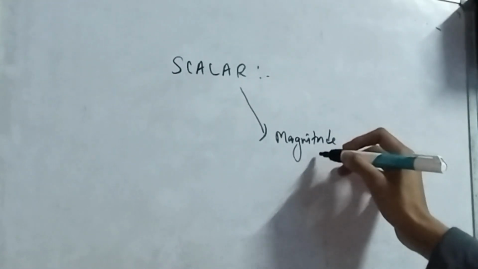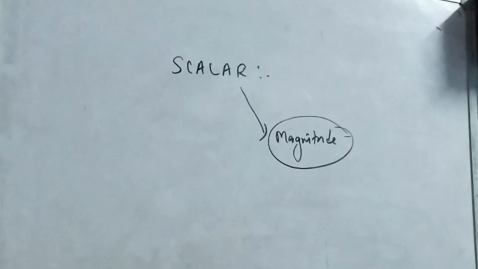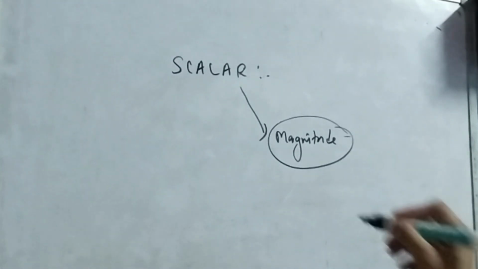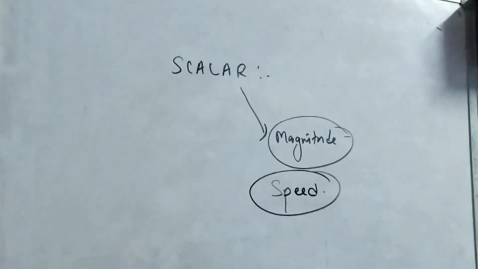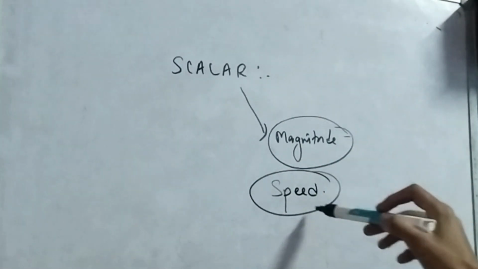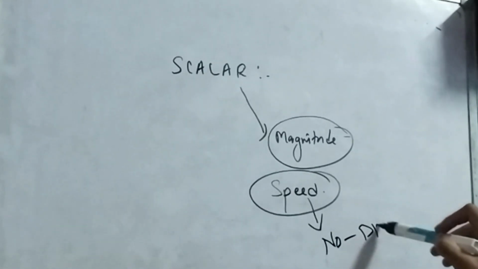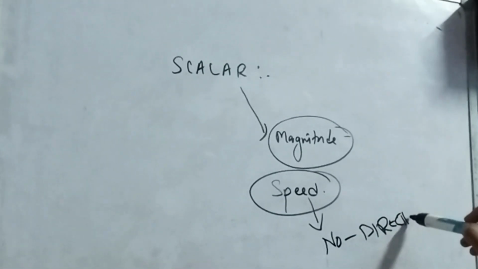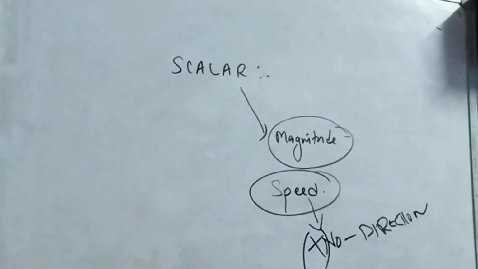So we'll take one example: suppose speed. We know that speed has no direction, so scalar quantity has only magnitude.